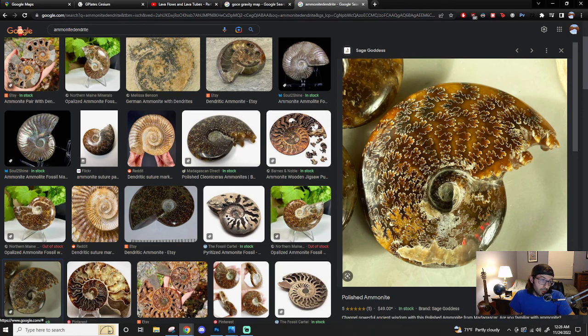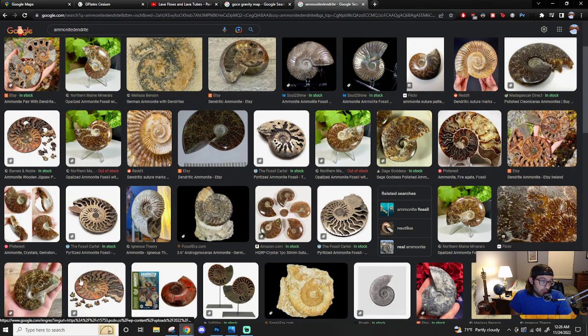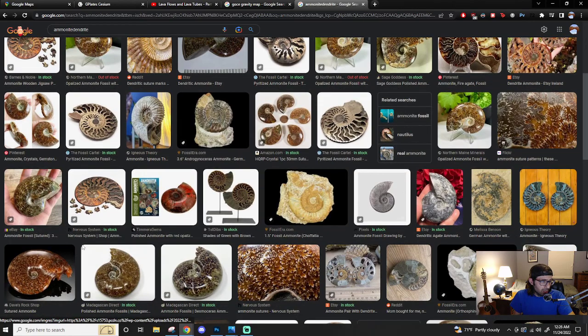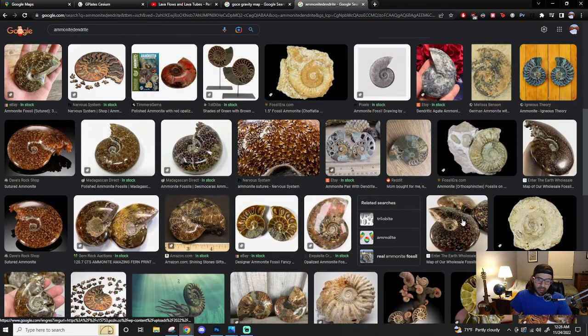I mean, these are doing it a lot. Certainly they do it the whole time. I was expecting to find a good example, and I'm like, where's a good example?